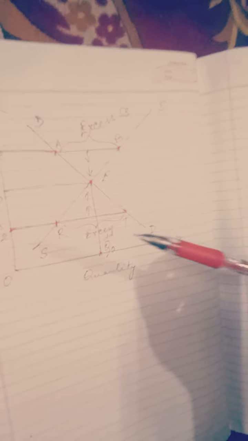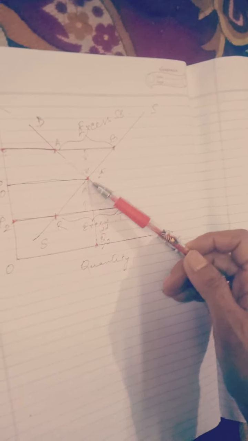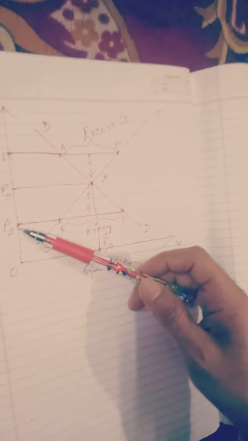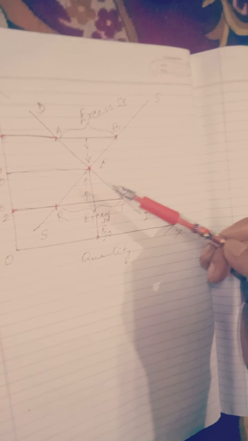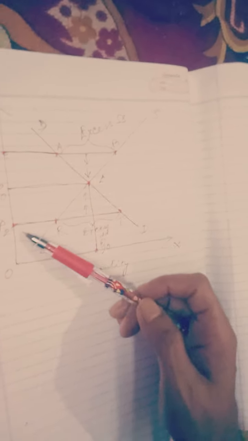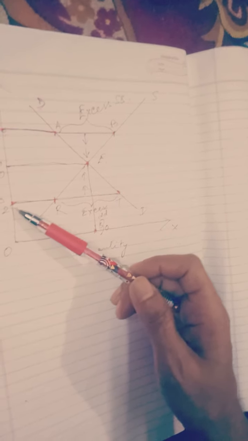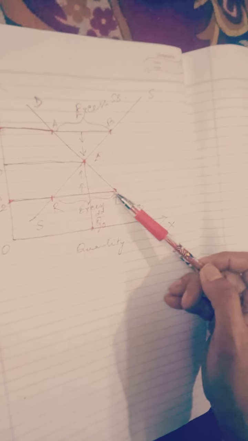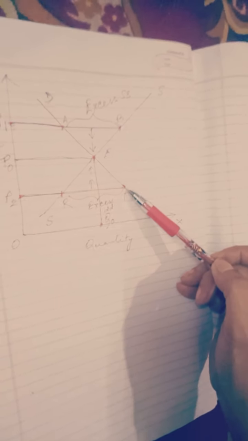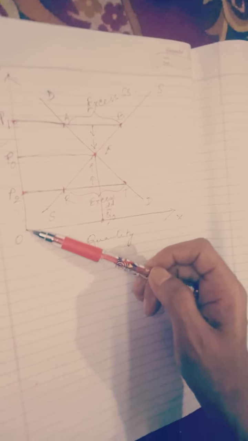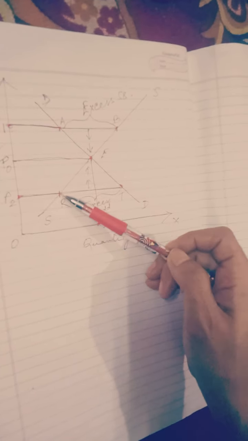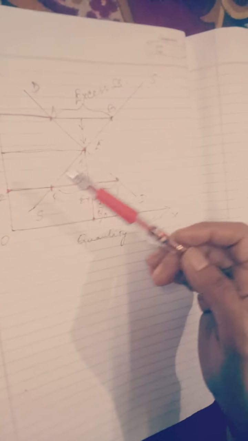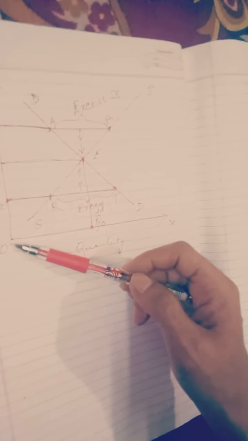Let me consider the opposite here. If I consider a price which is below the equilibrium price, OP2. At this price OP2, we find quantity demanded is this much, P2T, this point is T. And quantity supplied is P2R, this point is R. Now we find the opposite of the previous one.